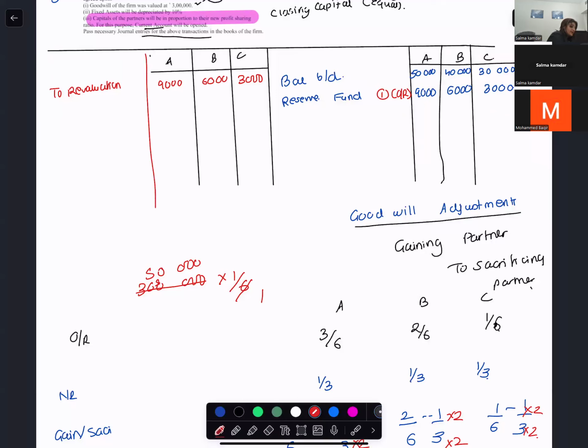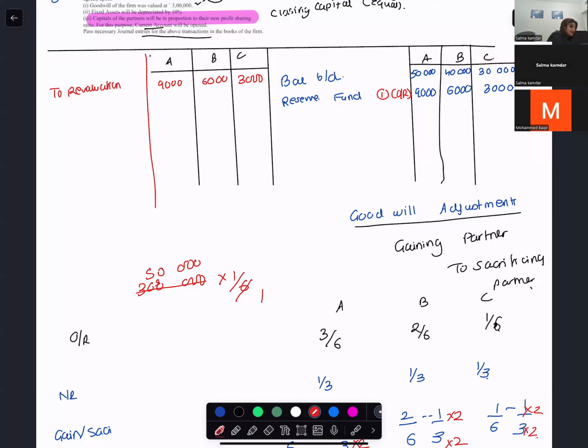So how do I calculate adjusted capital? The total of the credit side: A's capital is 109,000, B's capital is 46,000, and C's is 33,000. The total of the credit side is 188,000.